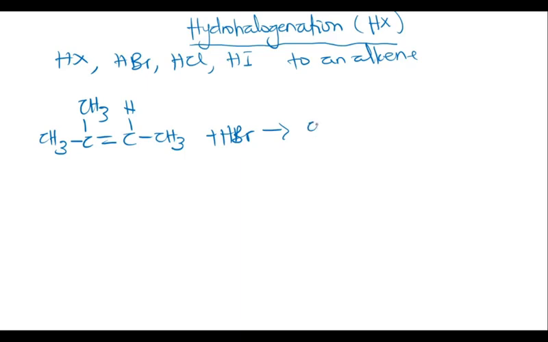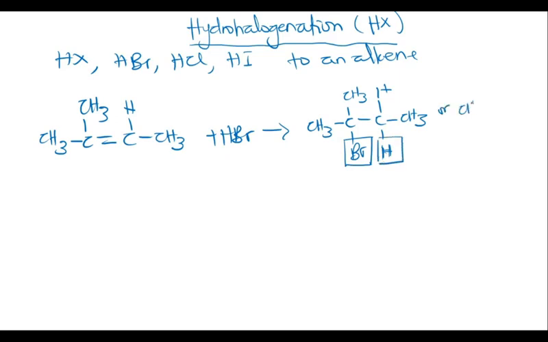So we can have our CH3 attached to a carbon with CH3 here, then we have our bromine attached over here, then we have our second carbon with the hydrogen, then we have the CH3, then we have the hydrogen over here. Okay, so this is the bromine being added, and this is the hydrogen too being added.